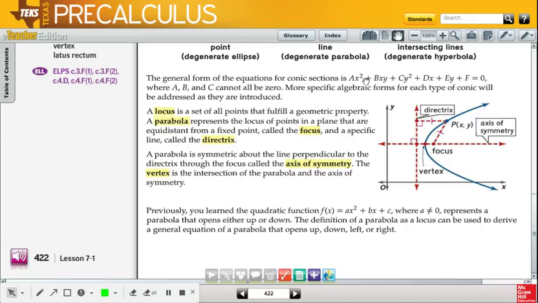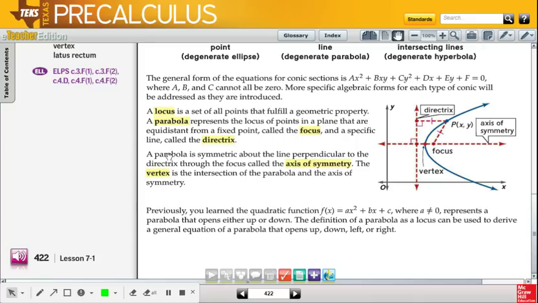So you will see that x and y will have exponents. To talk more in depth about the general form, a, b, and c cannot all be 0. More specific algebraic forms for each type of conic will be addressed as they are introduced.